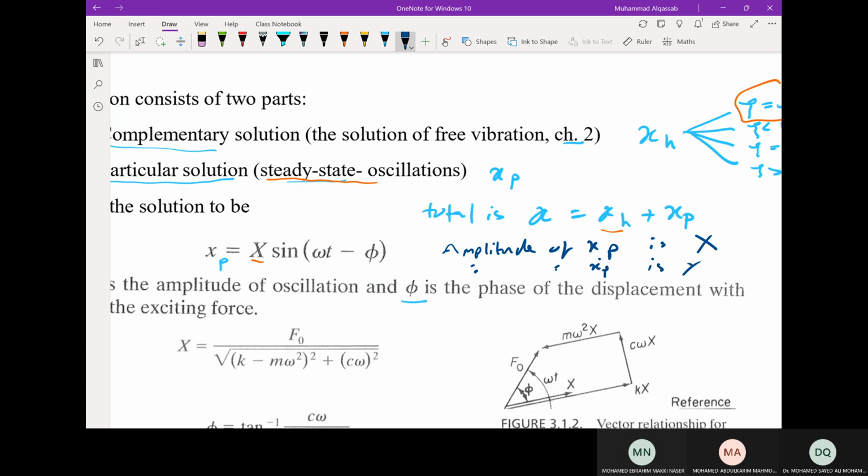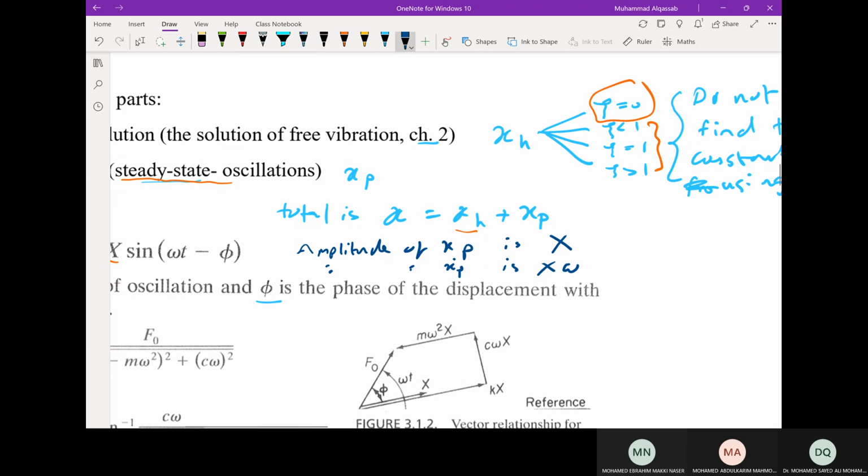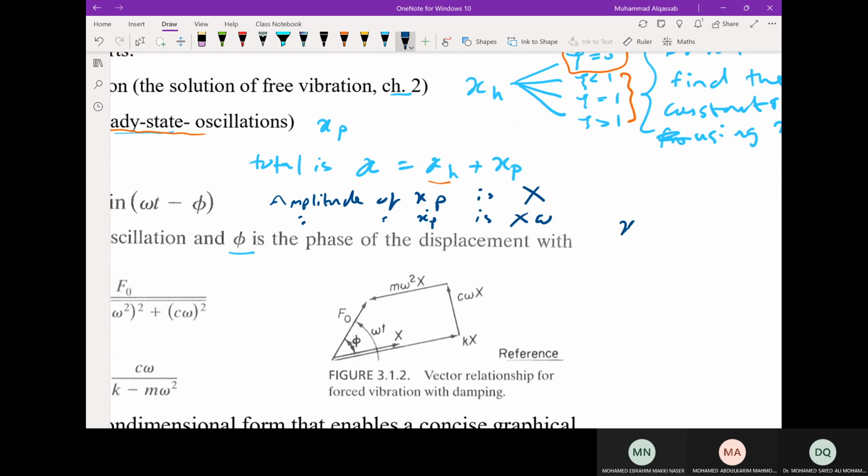It is X omega. And the amplitude for x double dot is X omega squared.